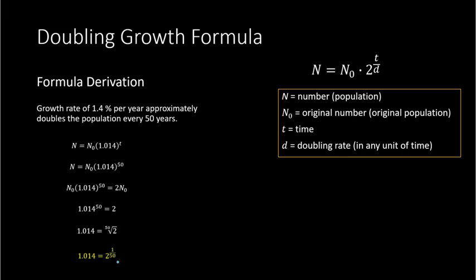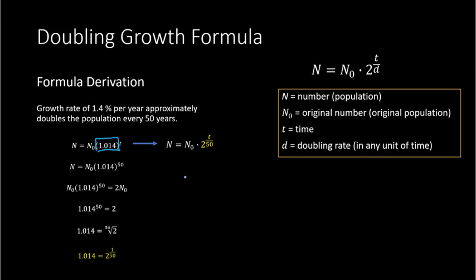So how is this helping us? If you take a look at this first line, we said 1.014 is equal to 2 to the 1 over 50th power. So we can replace this 1.014 with 2 to the 1 over 50th power. Now we have N equals N sub o times 2 to the 1 over 50th power, to the t power.